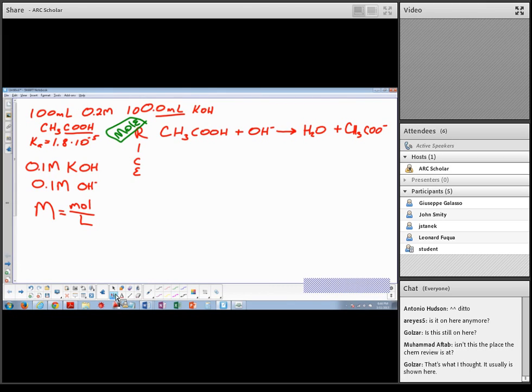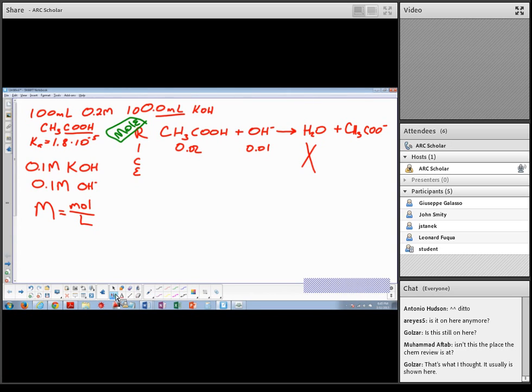So if we were to solve for moles here, just multiplying our concentrations by our volumes. Remember, volumes in milliliters should be converted into liters. I'll just tell you guys we're here at 0.02, 0.01. Water doesn't matter. Why doesn't water matter?